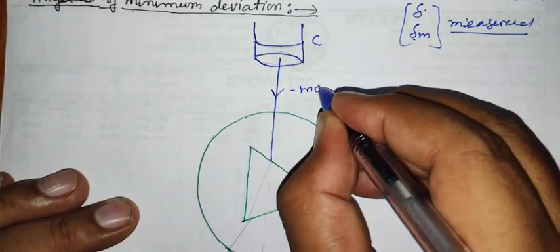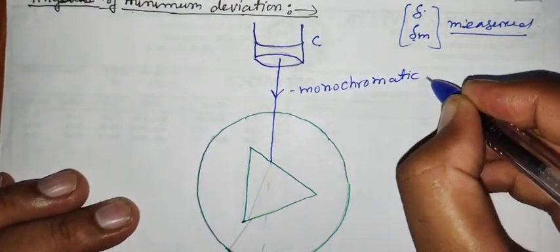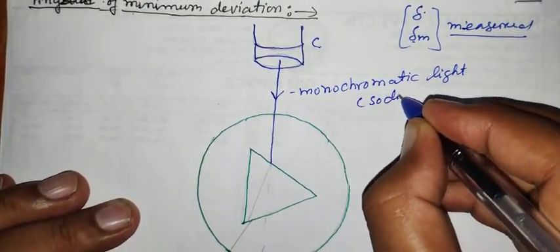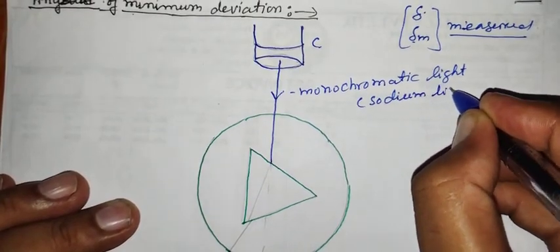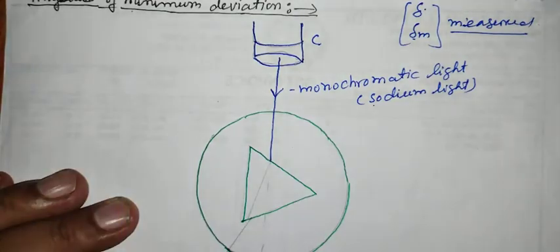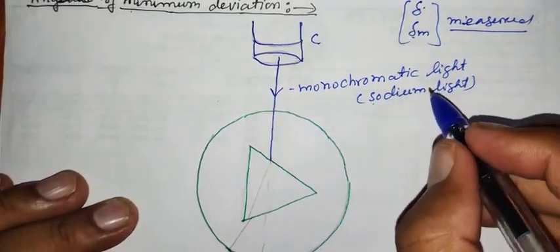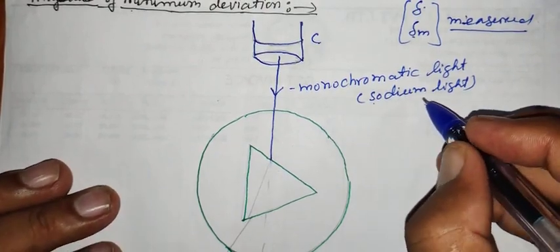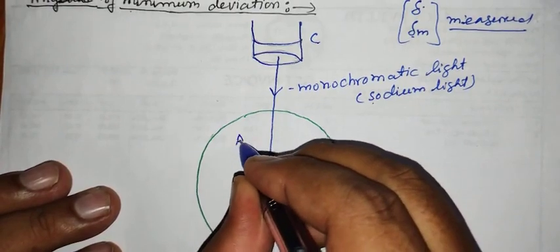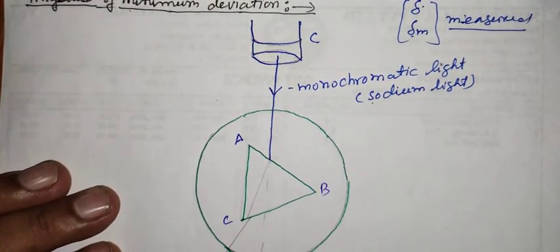This monochromatic light is sodium light. A sodium lamp is used to produce monochromatic light, which has a single frequency, and it is allowed to fall on prism ABC, right?